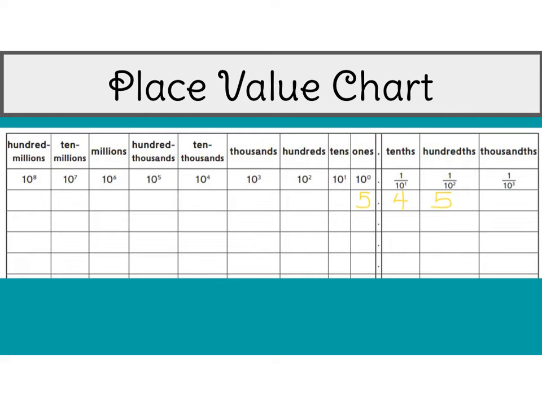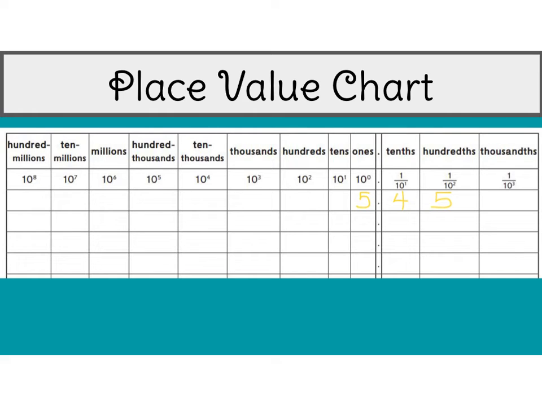Another tool that we can use in multiplying and dividing with decimals is a place value chart. And the reason we want to take a look at this is to get a better understanding of what actually happens when we are multiplying versus dividing.